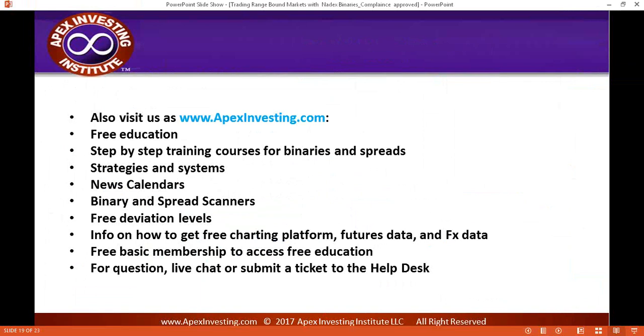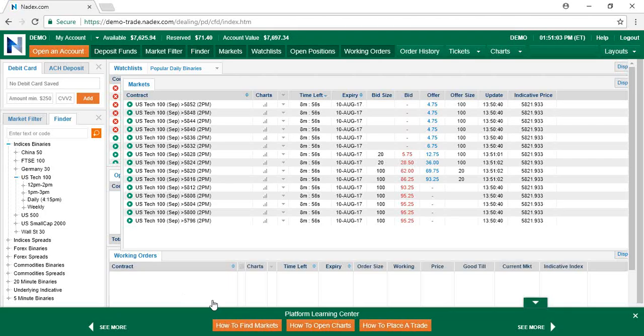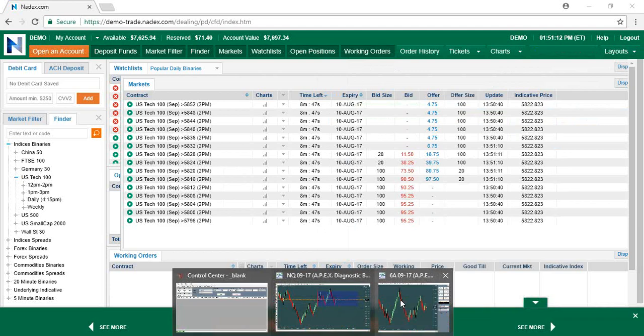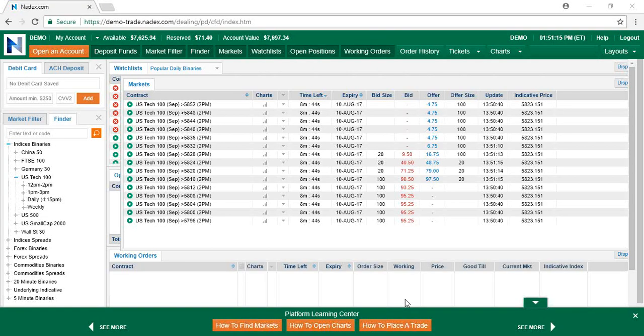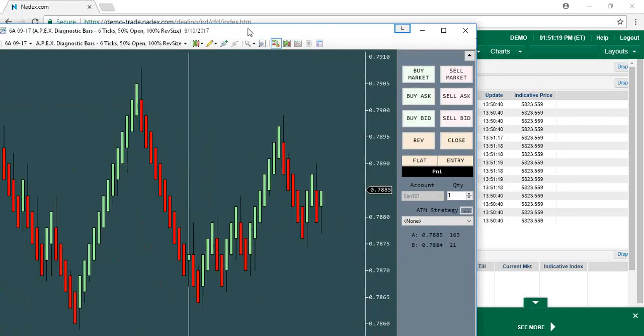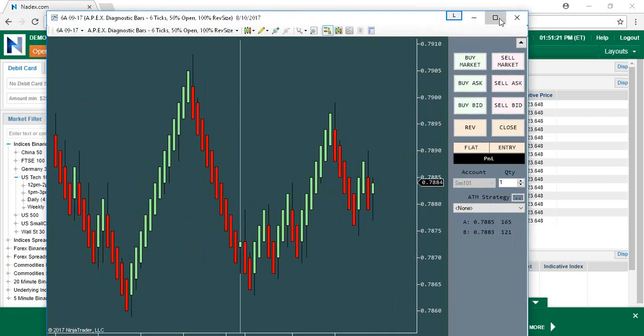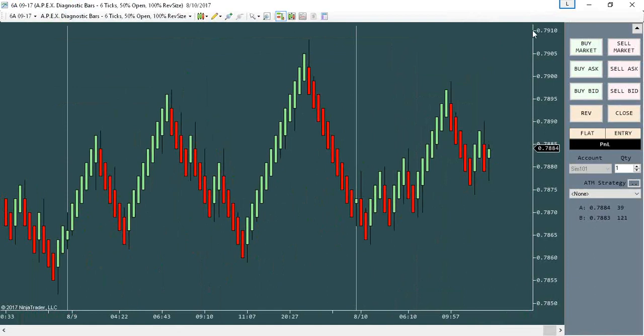And some things are quoted differently. It also depends on how things are quoted. Right here is a chart of 6A, which is the Aussie dollar futures. And see, it's 0.7910.